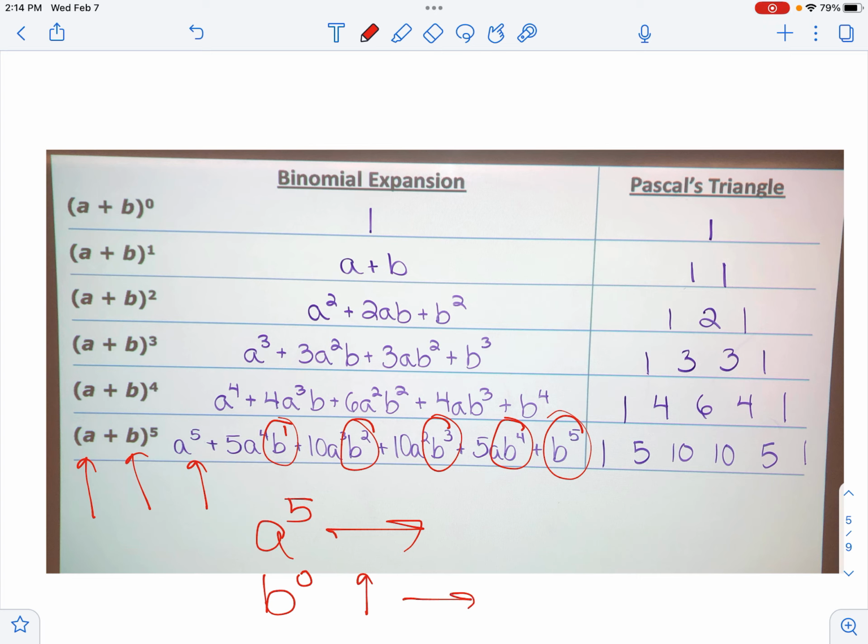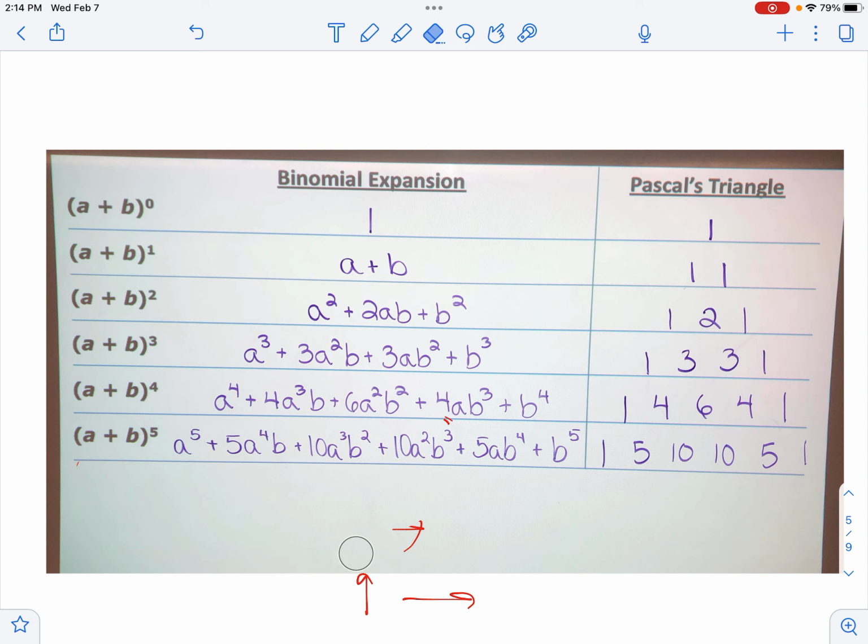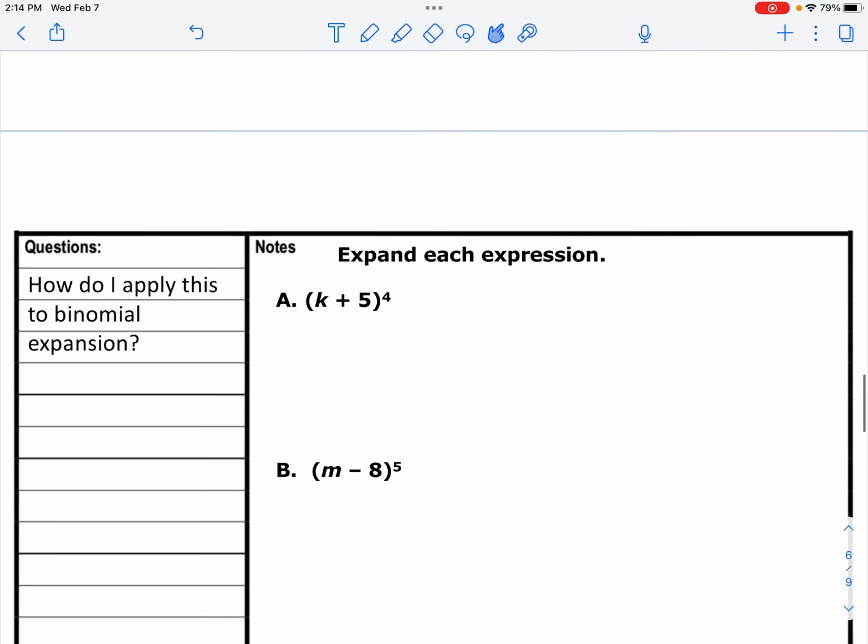So that's the pattern that we're going to use to help us do some of these problems, and we're just going to use both Pascal's triangle and this binomial expansion pattern. So let's try it. This will make it a lot faster to do these.